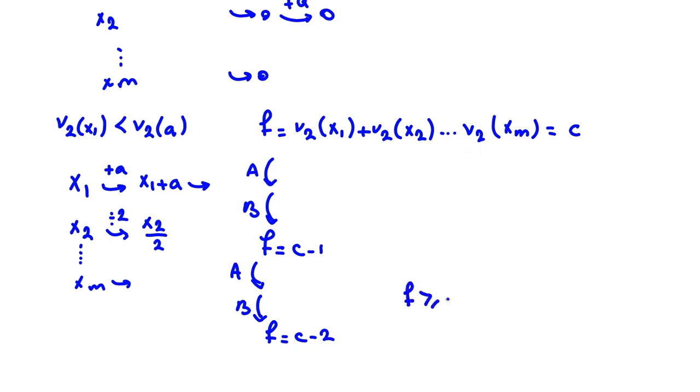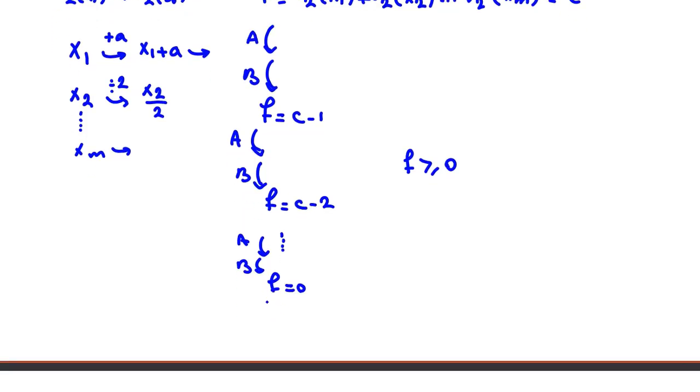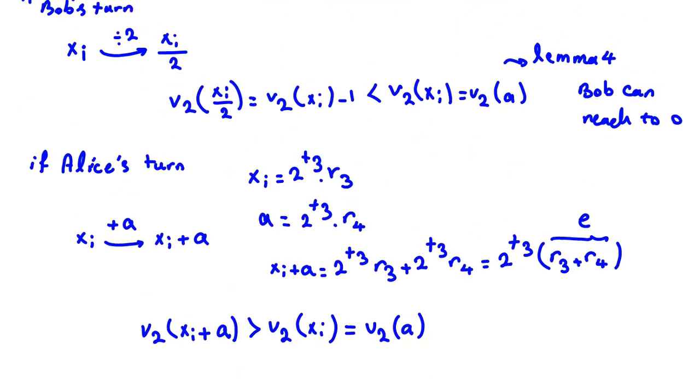Because f is at least 0, we know that there is a step where it will stop. We will reach f equal 0 after Alice plays and Bob plays. After this step, Alice plays, then Bob cannot play, because f is 0 means all numbers are odd and Bob cannot do anything.